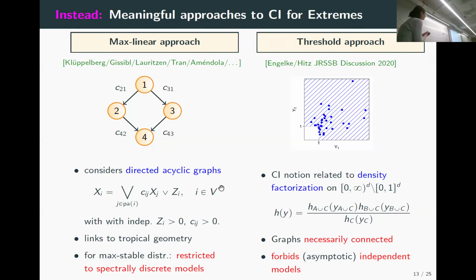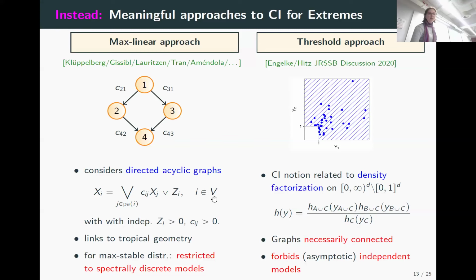One of them was started by Claudia Küppelberg. She started to look with her team at structural linear models. They start directly from a graph, where each node corresponds to one component in your vector, and you have positive weights assigned to the edges.